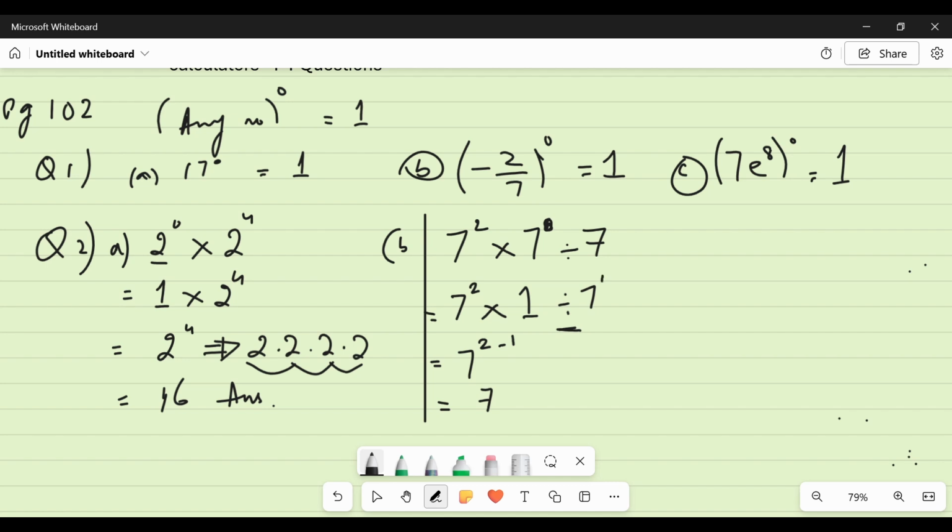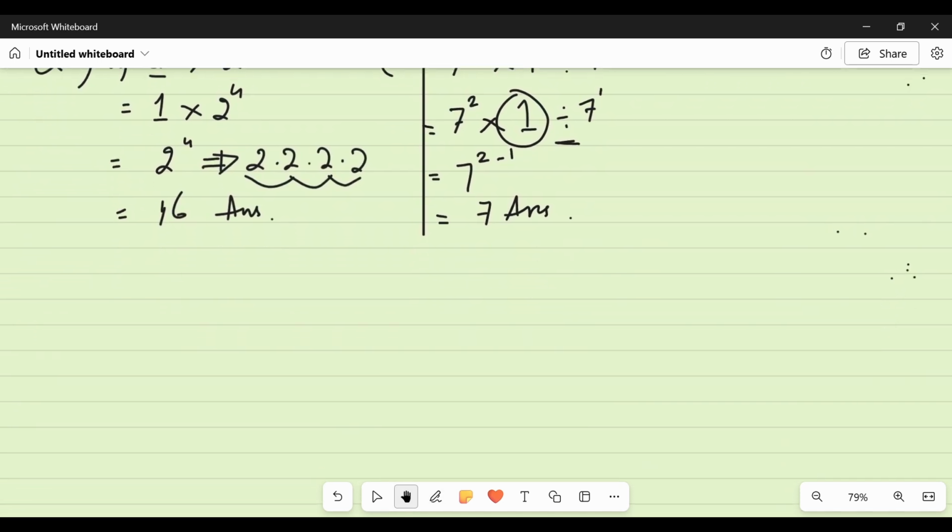The first 7 has a power 2, this one is converted into 1, and here is 7 to the power 1. Since it's a division sign, we will subtract, and the answer is 7.